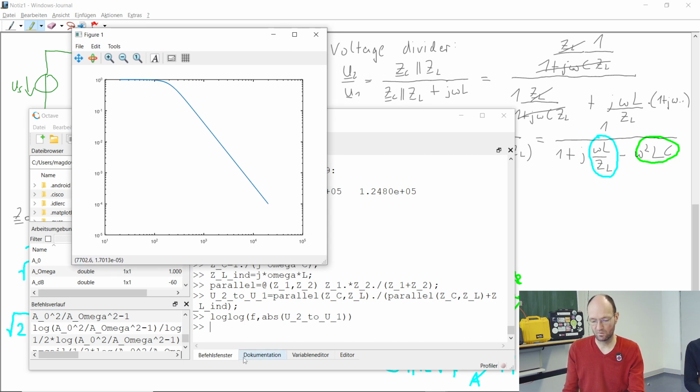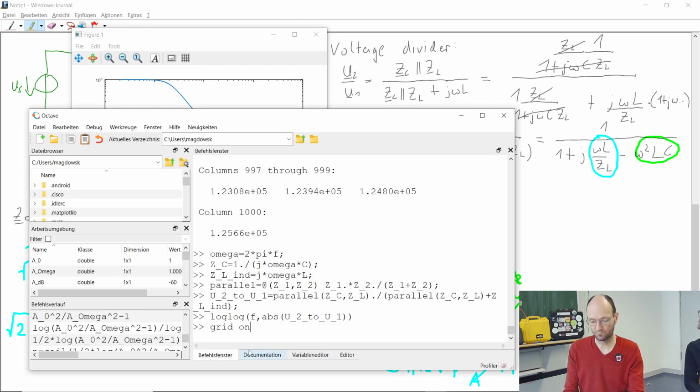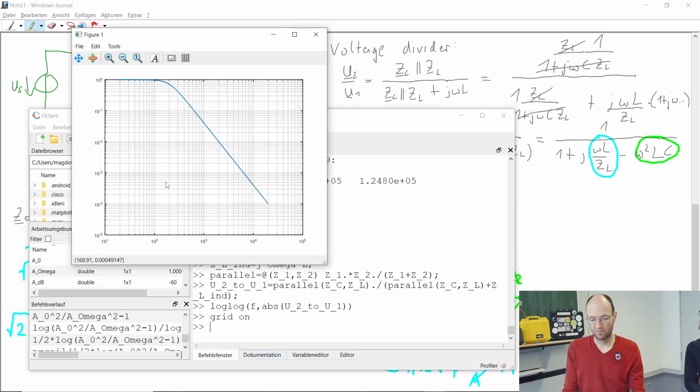Maybe a grid would be helpful. So now if we check, here is 10 Hertz, here is 20 Hertz, here our function starts. Here's 100 Hertz, here's 200 Hertz, here's our corner frequency. Here was the 10 kilohertz, here was the frequency of interest.